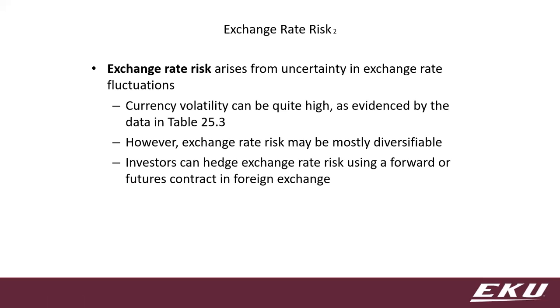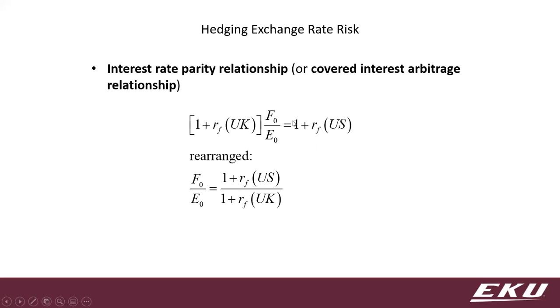That's what we're going to talk about next, how to hedge a lot of this exchange rate risk. We're going to go back, rearrange what we had before, and move our UK term over here to the other side. We covered this when we were talking about hedging our exchange rate risk, but this is the exact formula we would use, because what we're trying to do is minimize our exposure to these types of changes.